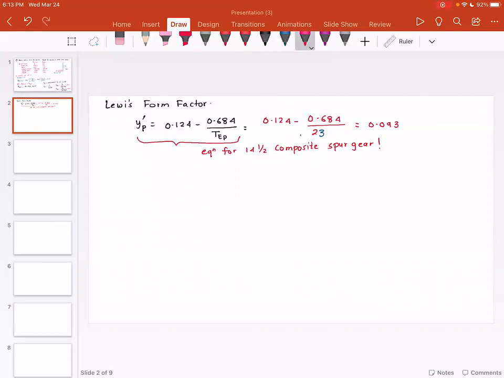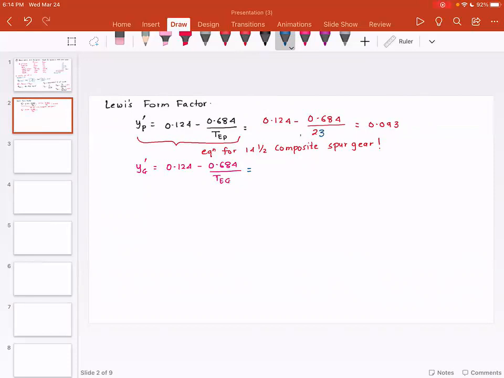So same thing. Now we have to find the Lewis form factor for the gear. Again, 0.124 minus 0.684 divided by TEG. Now, in this particular case, why do we have to find the Lewis form factor for both the pinion and the gear? The reason is the material is not the same.